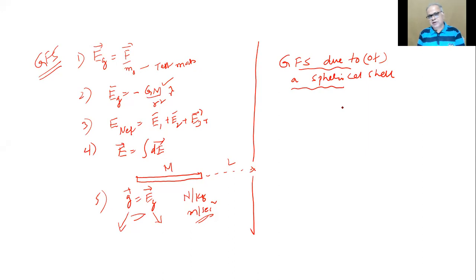Shell is anything which is hollow inside, but the outer thing can be of any shape. We can talk of a peanut shell, or many dry fruits, nuts. When you open the two flaps and throw the seed out, that becomes a shell. But specifically, right now, we are dealing with a spherical shell.